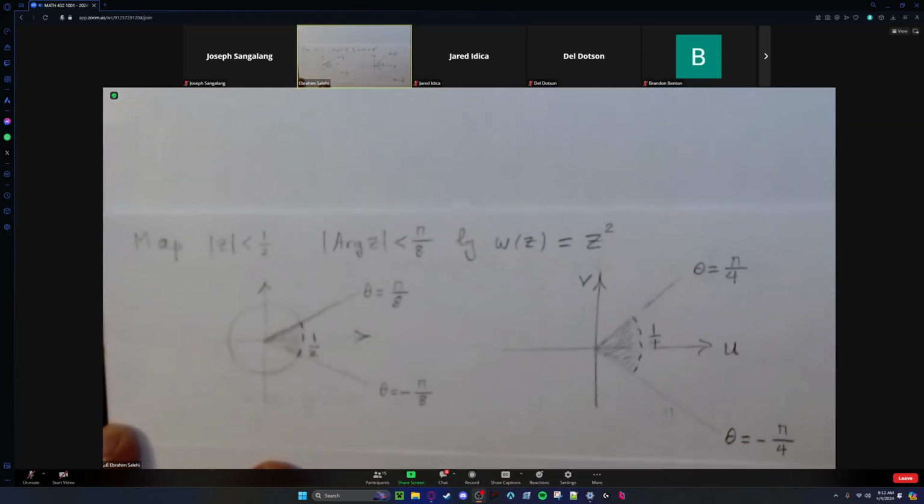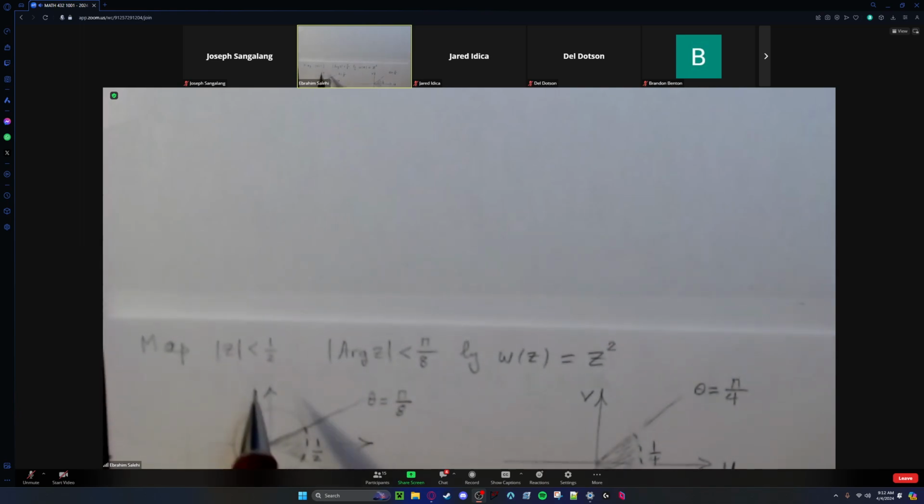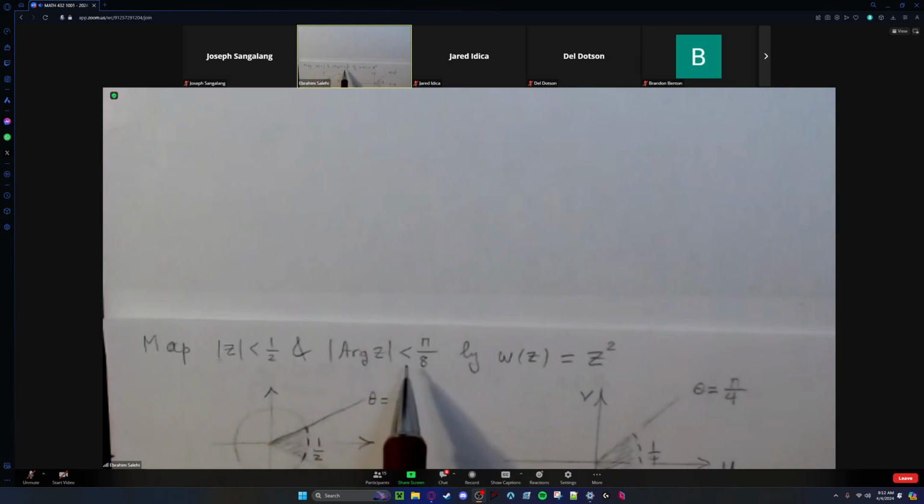So two conditions. They describe the region by these two conditions. And then they say, all right, map this by z squared. What happens if you apply z squared here?